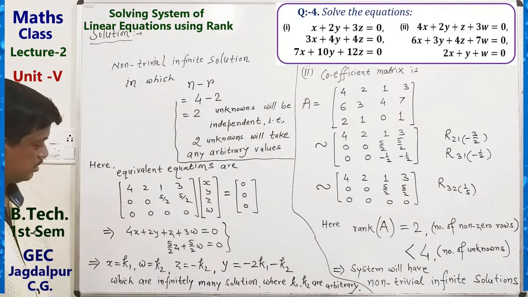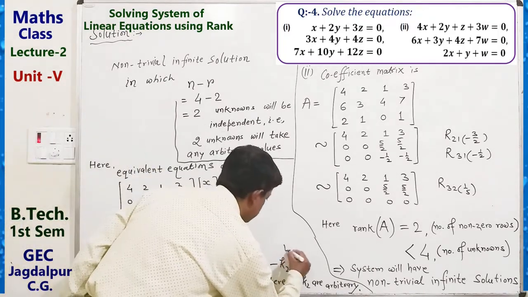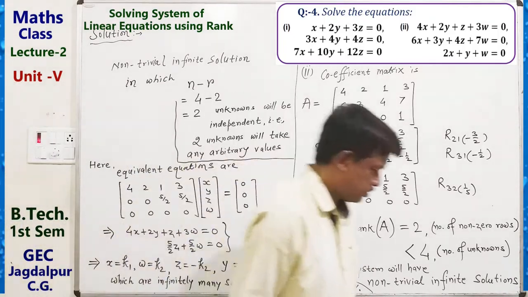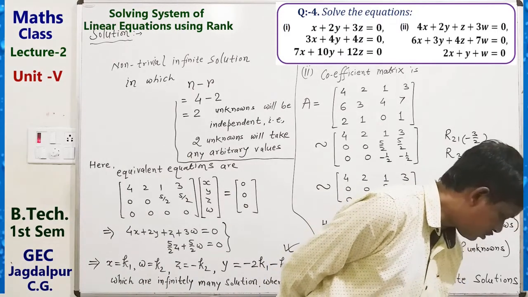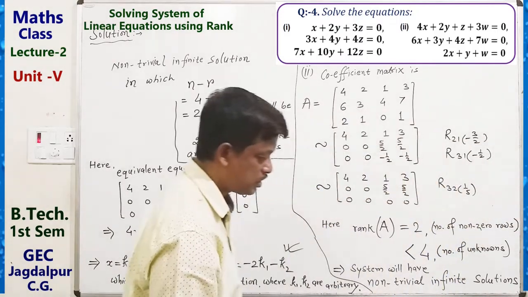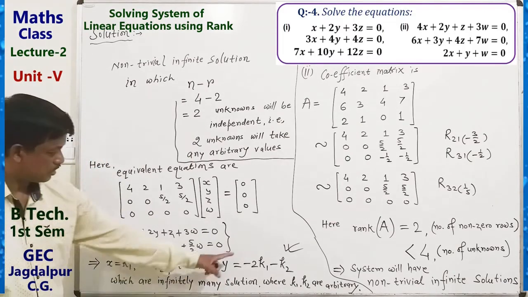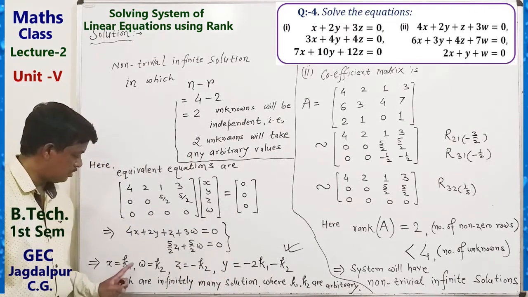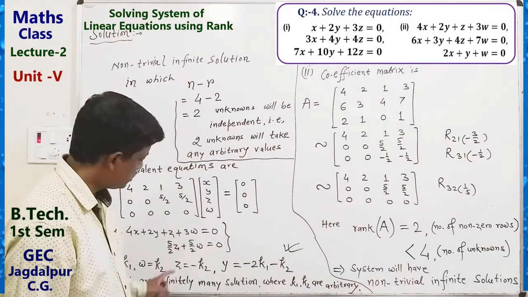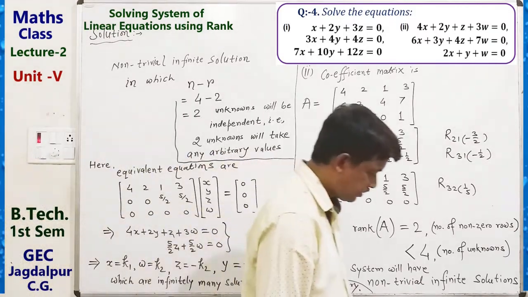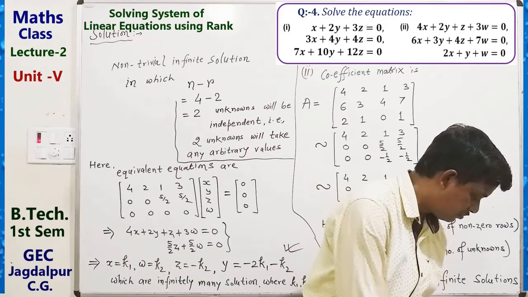Okay. So this is our solution. Okay, so here y equals to minus 2x minus 2k1 minus k2. Okay, now x is k1, w is k2, z is minus k2.